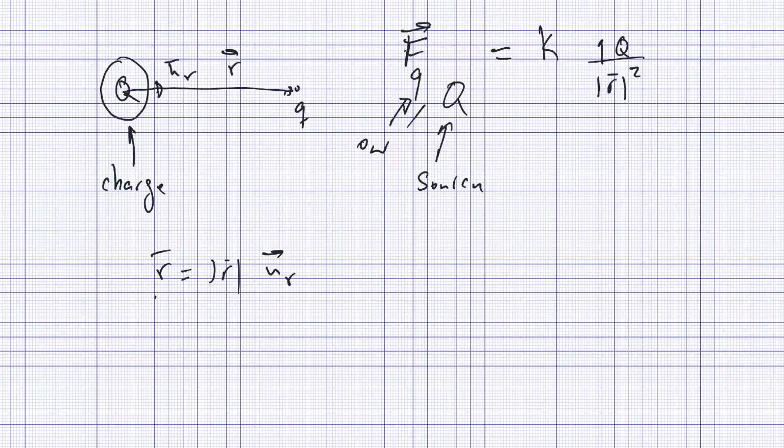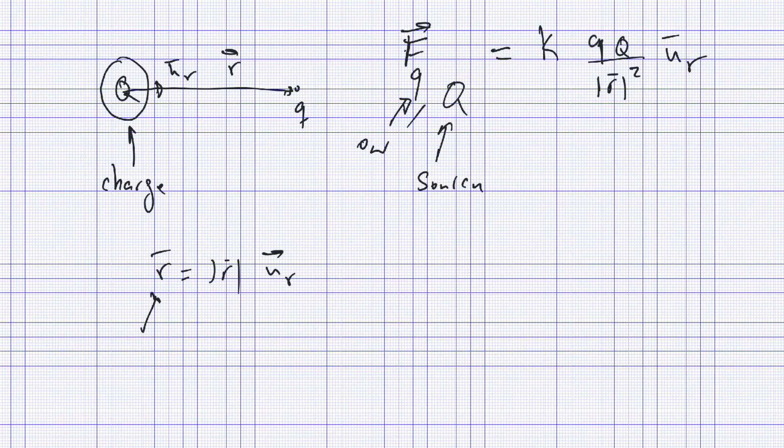The vector R has a magnitude of R and the direction of u sub R, and u sub R is pointing in this direction, from the source to the point of observation. So I need to write here a vector u sub R. And now this is the force.